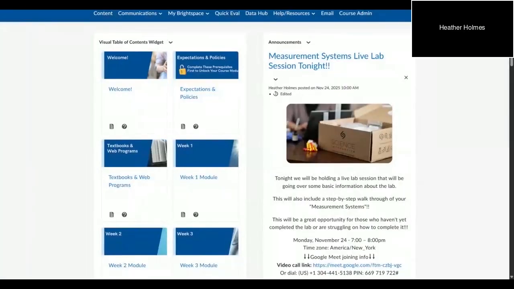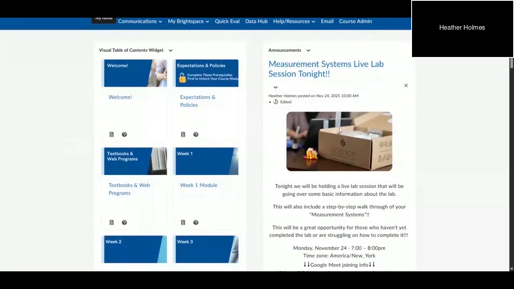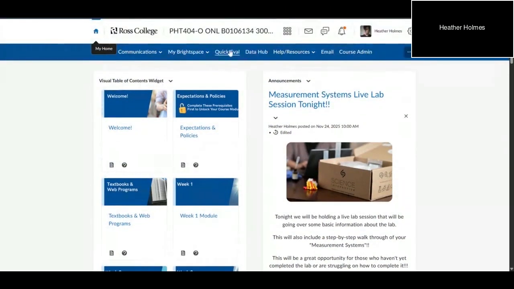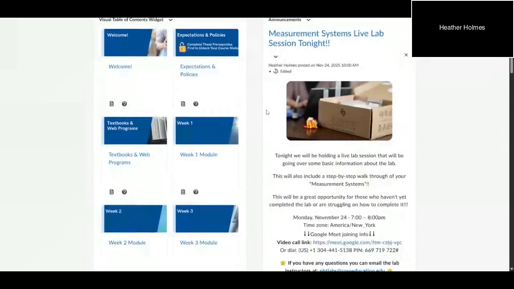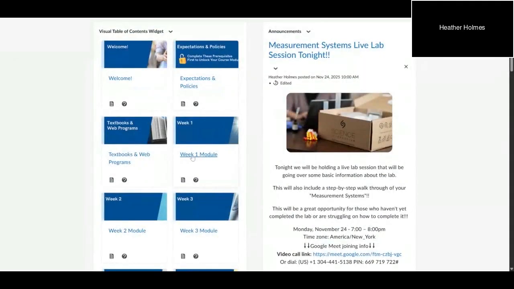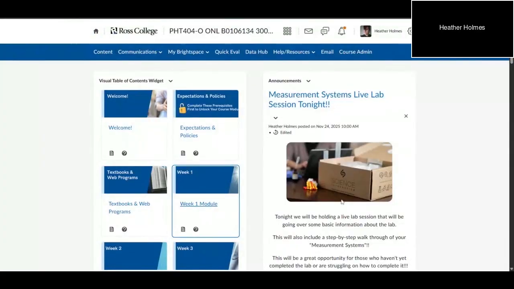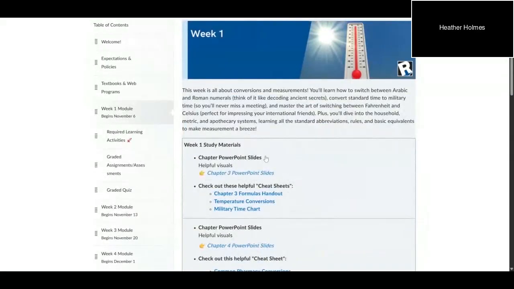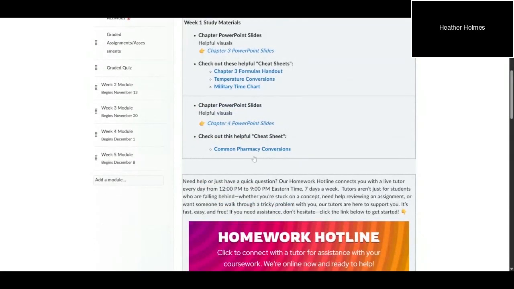Okay, so before I get into the lab, I want to show you something that will be handy for you to have when you go in to do a portion of your lab. When you go into your 404 class in week 1, if you scroll down a little bit, you'll have this cheat sheet of common pharmacy conversions.